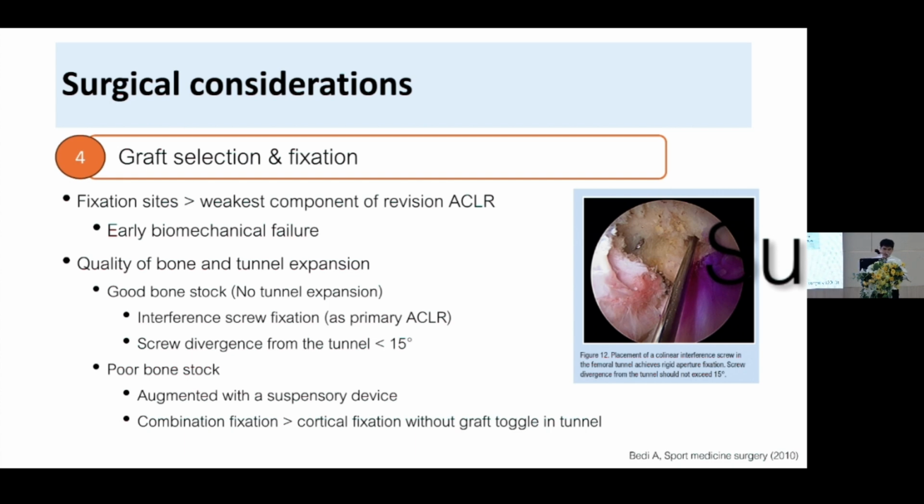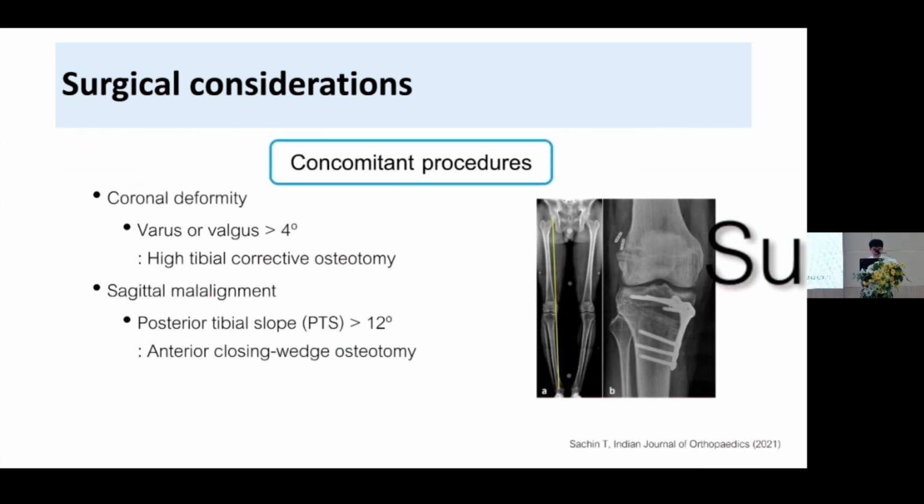Without tunnel expansion, interference screw can be utilized the same as in primary ACL reconstruction. But if the bone stock is compromised and the quality of interference fixation is not secure, fixation should be augmented with a suspensory device such as screw and post or ligament button. Next are the concomitant procedures that we will do together with the revision ACL, like osteotomy.